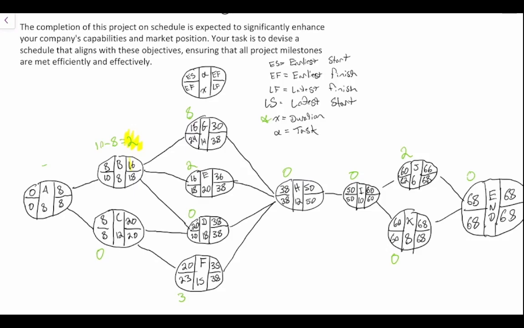So by identifying the areas of slack, effectively what we're doing is identifying our critical path. Our critical path is the following: A, C, D, H, I, K. That is our critical path.